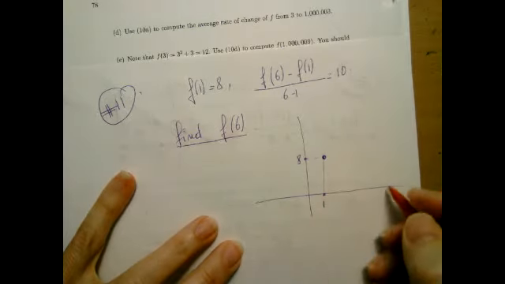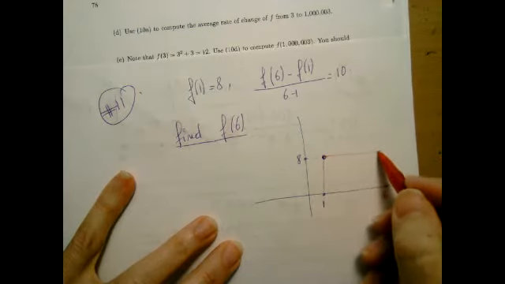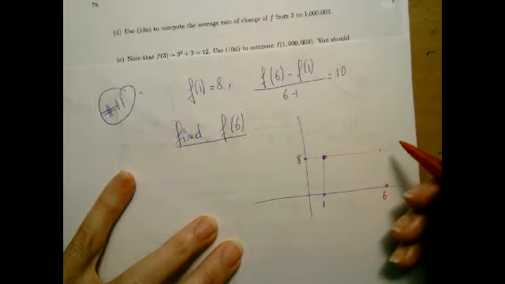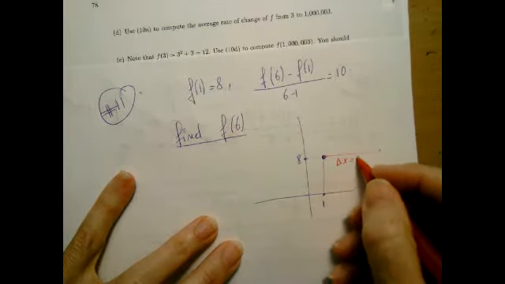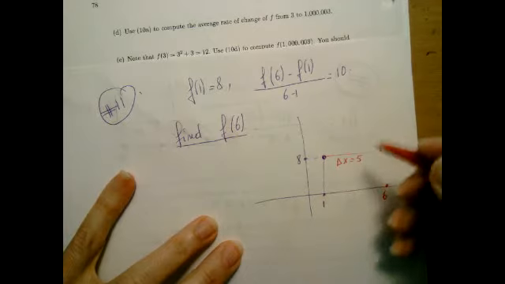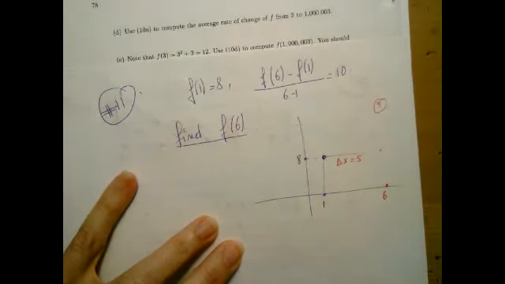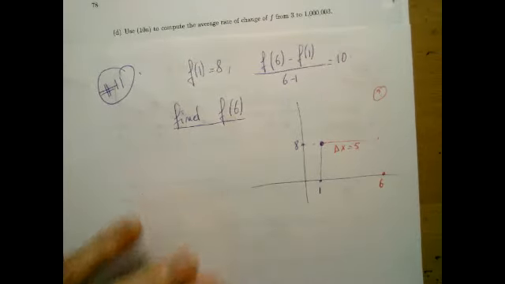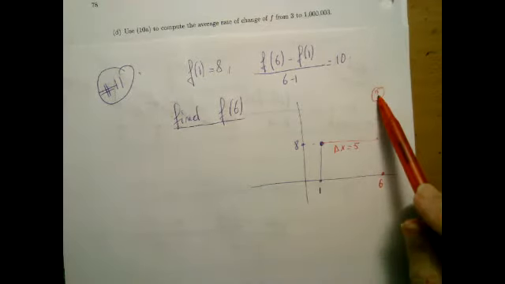The average rate between 1 and 6, it means as you move from 1 to 6, the average rate is 10. So this is from here to here, this is 5. The average rate is 10. And they want me to find what's the value at 6. Who has any idea? How can I even proceed in this problem? The only thing I know is that because the average rate is positive, it means the function is actually going to gain value.